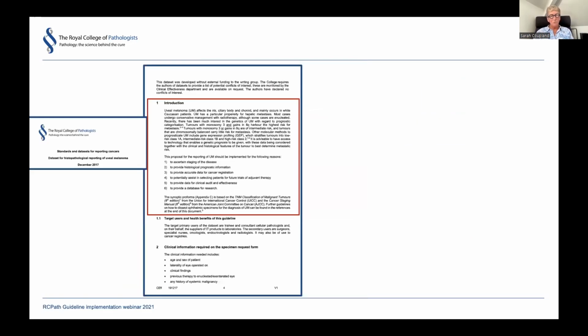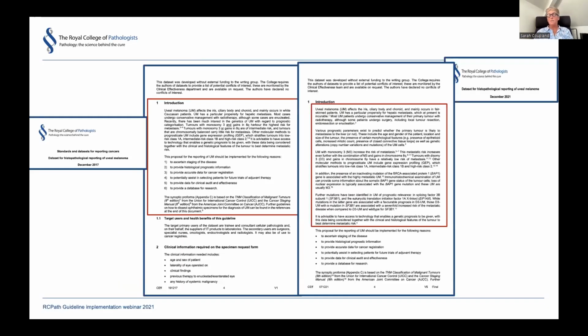So this is the introduction of the December 2017 dataset compared to the 2021 dataset. And essentially, there's been an increase in the text concerning the genetic mutations and alterations which are of prognostic significance for these patients.